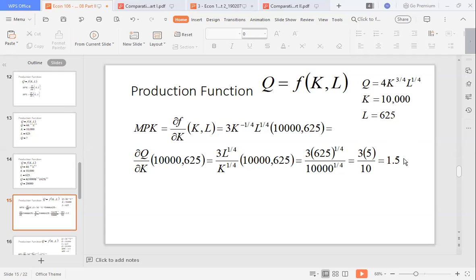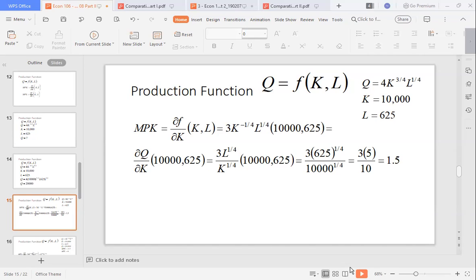So again, what would be the change in the output when we allow a 1.5 increase in capital and holding labor constant? Okay. Do we have a question, class? So again, MPK, by the definition of it, is holding labor constant. We're just allowing capital to change.